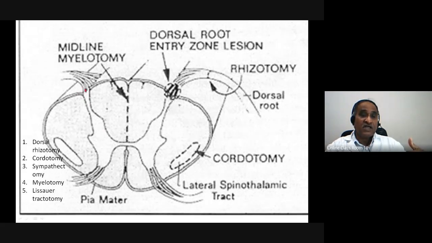And you cut that, the Lissauer's tractotomy. Perhaps this is a more sophisticated microsurgical procedure in which you have to dissect out only those segments where the pain is originating. So this is about the surgical intervention, or the physiological basis for the surgical relief of pain.